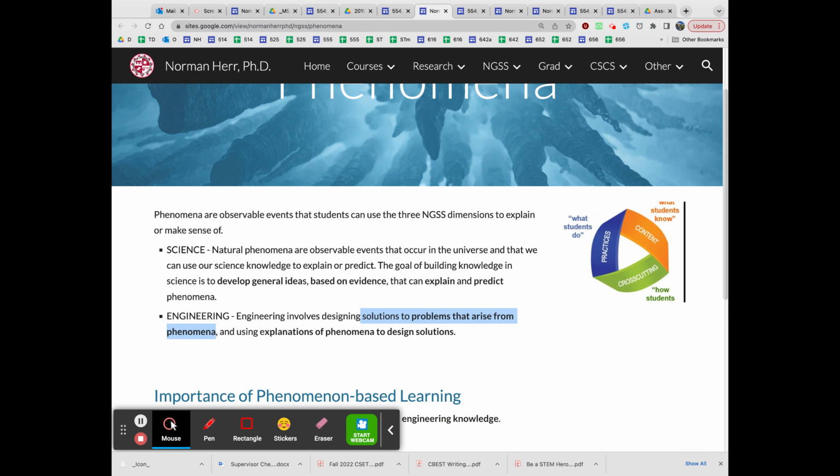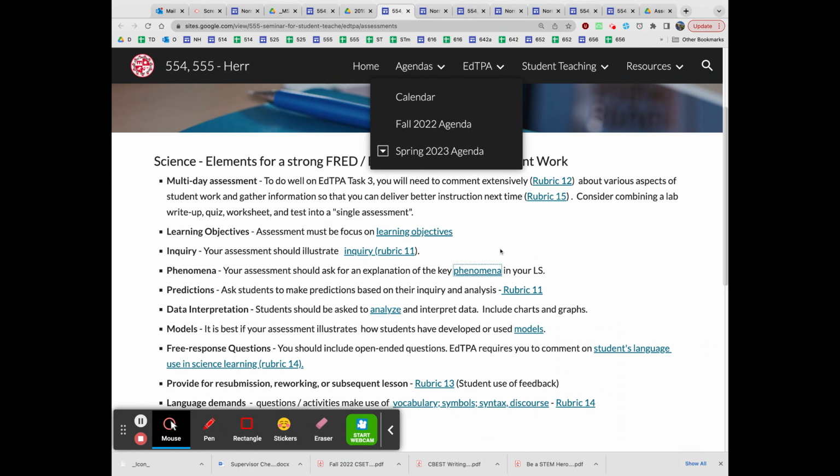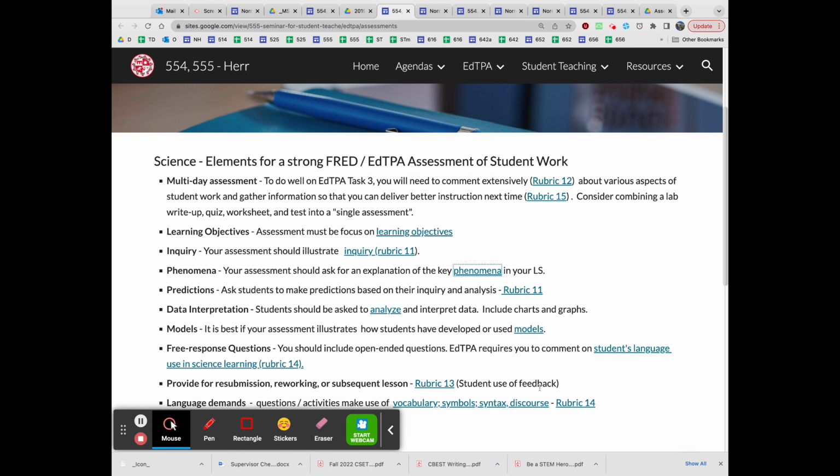Let's say you have cracks in a roadbed that are happening during the wintertime. How would you alleviate that? You're trying to develop a solution to a phenomenon, one that you've actually observed. So you're going to want to make sure it's phenomenon based, and that students are making predictions.